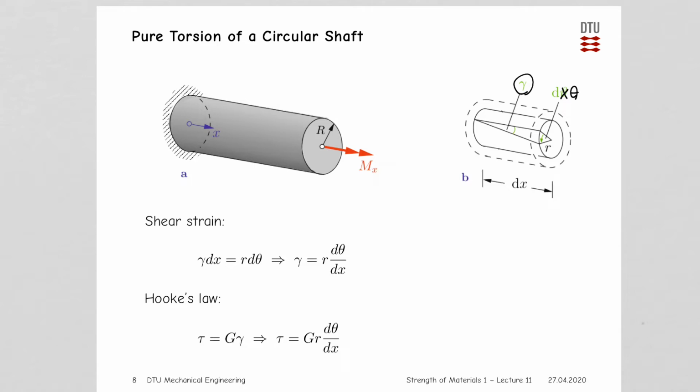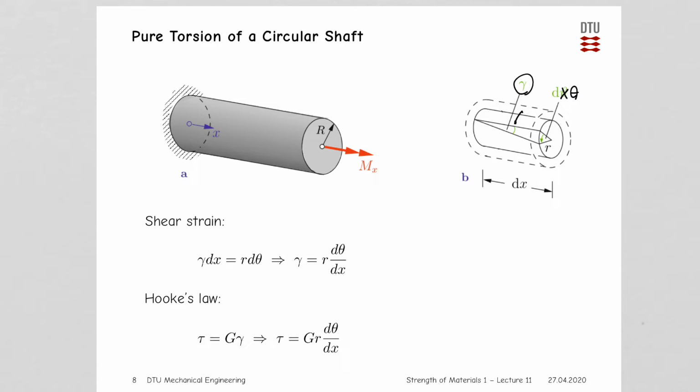Okay, so when we look at the geometrical connection between the twisting angle and the shear strain, we can set that up using the first condition that we have put up as the shear strain condition, that gamma multiplied by dx. Well, we have gamma here, and we have dx as the length of the section that we have drawn.